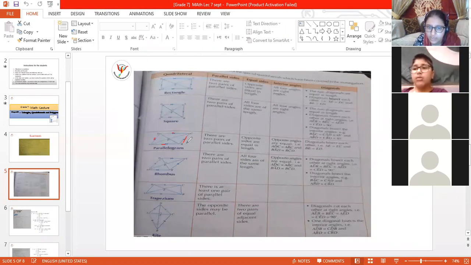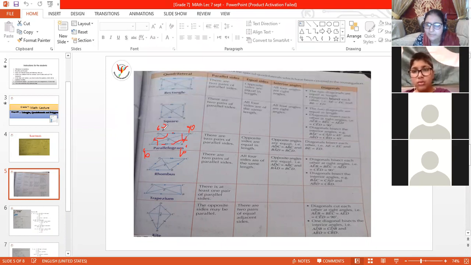In a parallelogram, if this angle is 90 degrees, this angle will also be 90 degrees. If this angle is 60 degrees, the opposite angle will also be 60 degrees. So in a parallelogram, the opposite angles are equal. Whatever the angle A, the angle C will be the same. Whatever the angle B, the angle D will be the same.